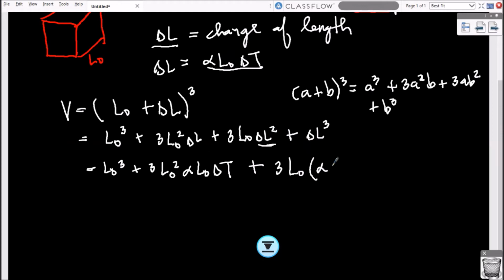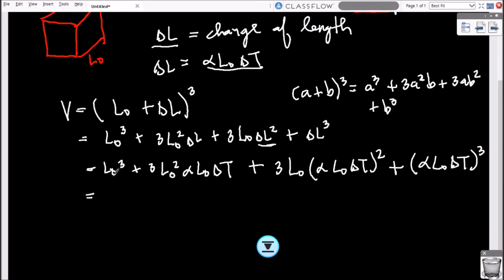We have alpha L of O delta T squared plus delta L cube. Again, let us replace delta L by alpha L of O delta T. So this is alpha L of O delta T cube, right?